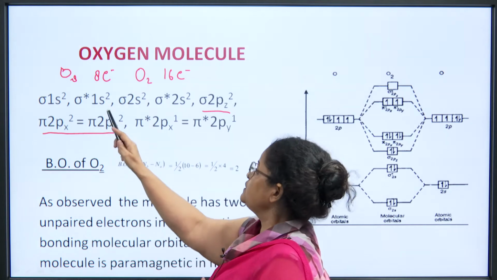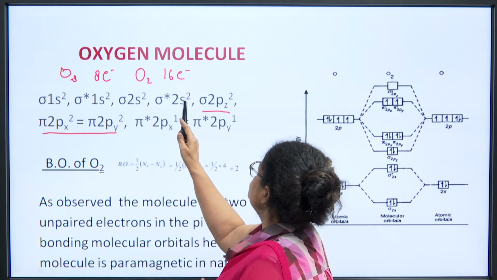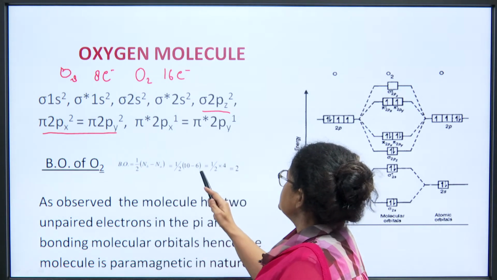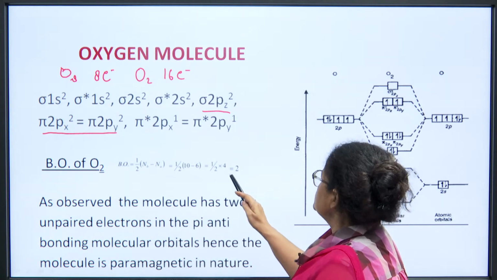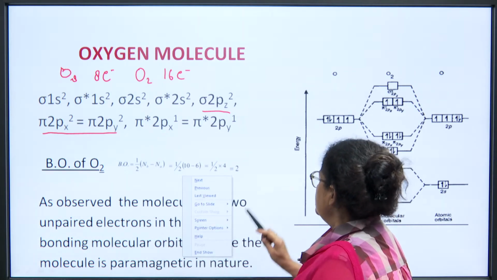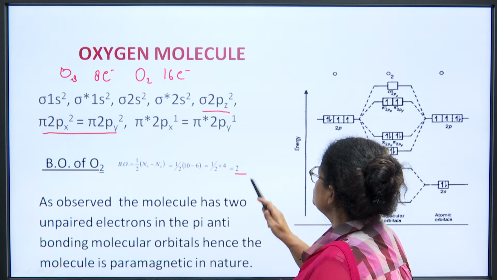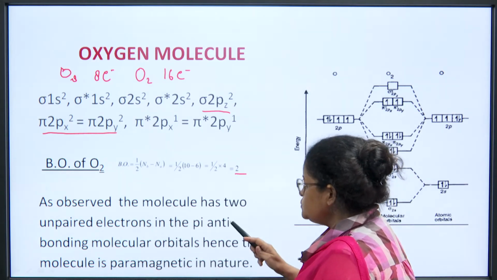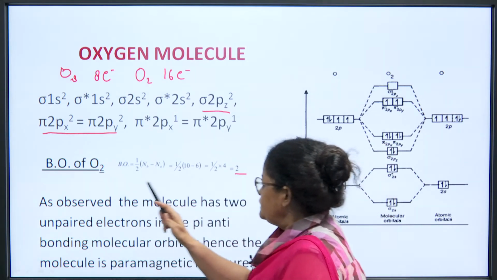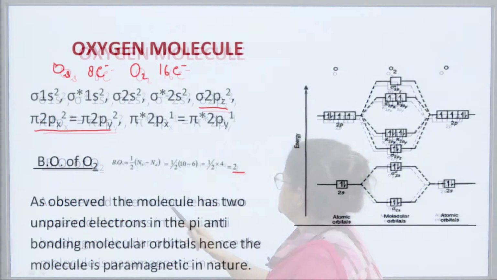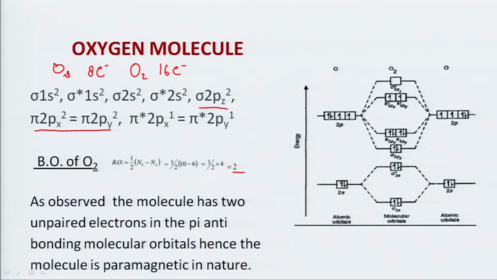Number of anti-bonding electrons: 2 plus 2 is 4 and 2 more are 6. So, therefore, the bond order is 2. Now, since the bond order is 2, the oxygen molecule, as observed, has two unpaired electrons in its pi anti-bonding MO, and hence the molecule shows paramagnetic nature.